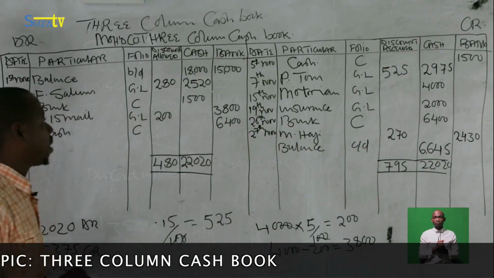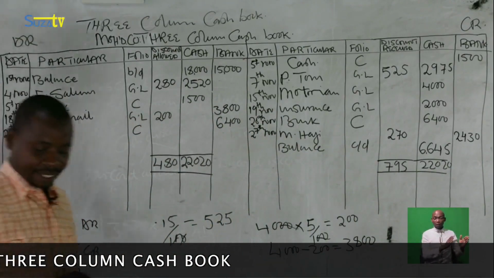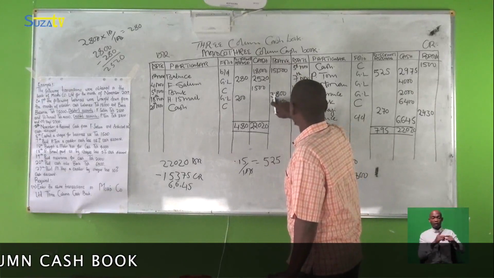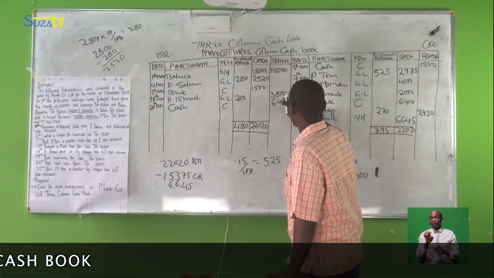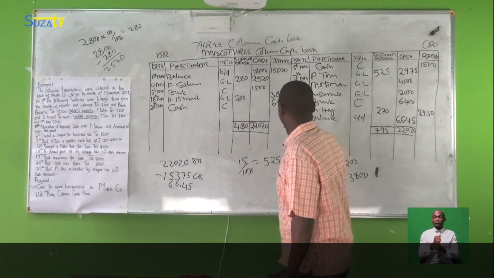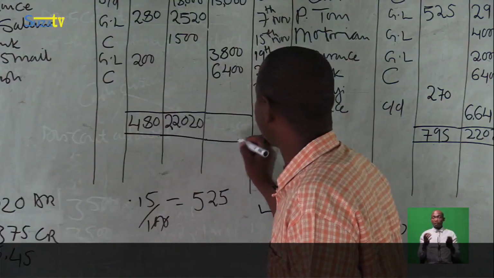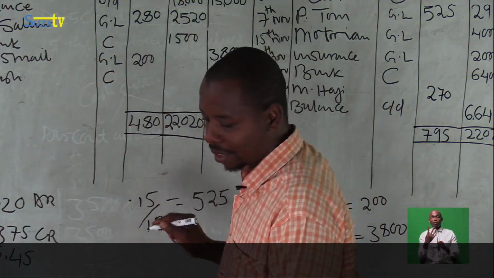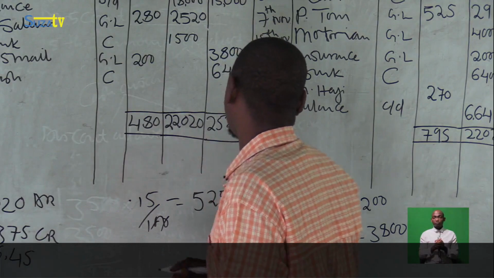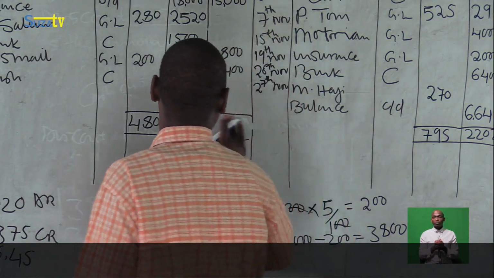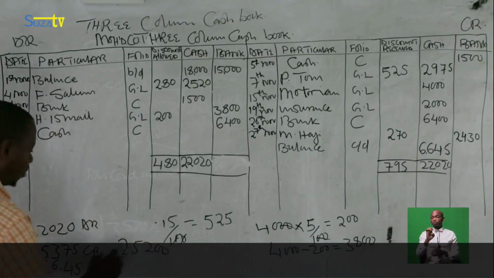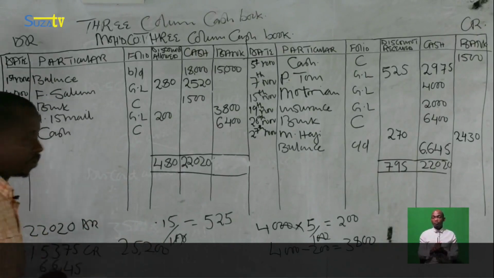Okay, come to the bank side. On the bank side, you have 15,000, add 3,800, you get 18,800, add 60,400, you get 25,200. Put 25,200 here.